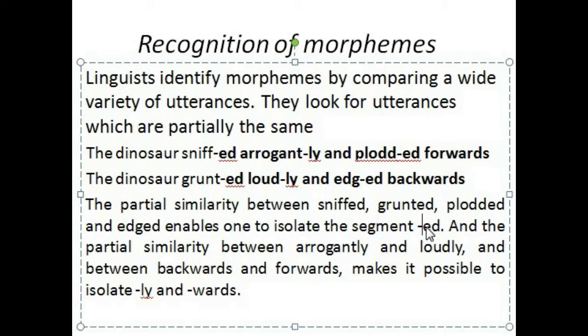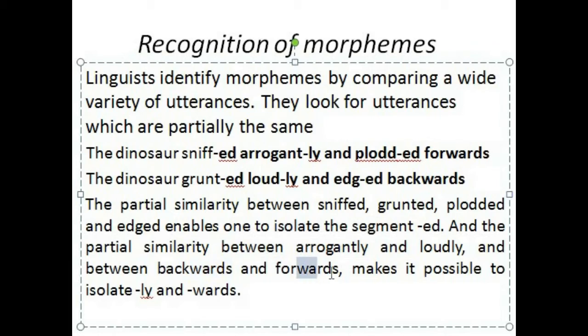And the partial similarity between arrogantly and loudly, and between backwards and forwards, makes it possible to isolate -ly, and words. So I can isolate this word arrogant, and then -ly, and loud, and then -ly, and between backwards and forwards.